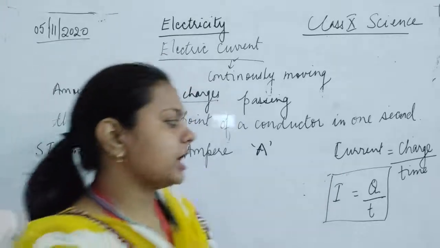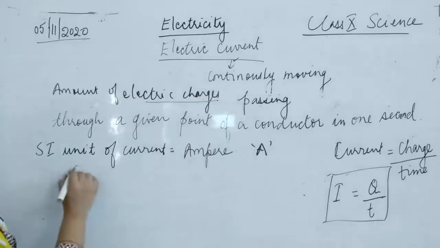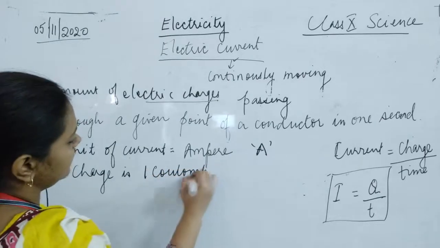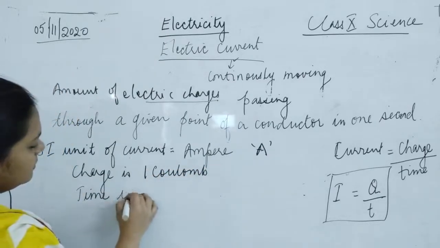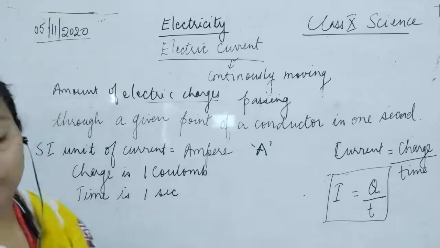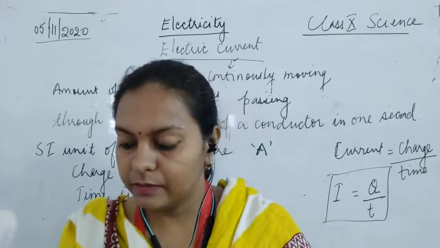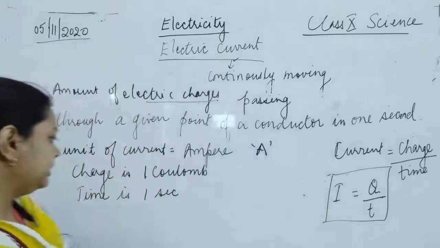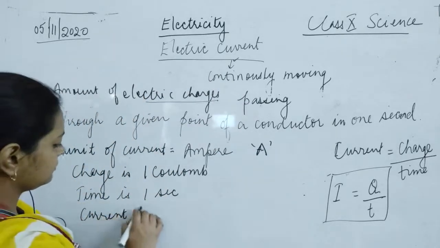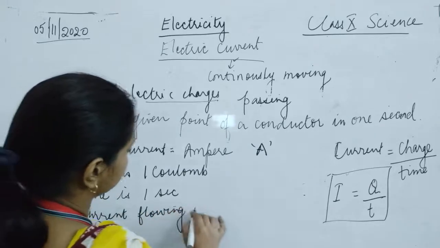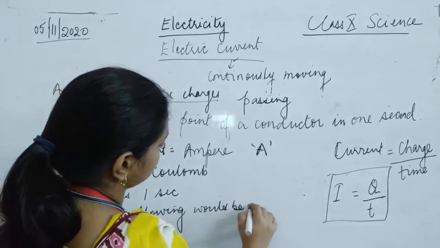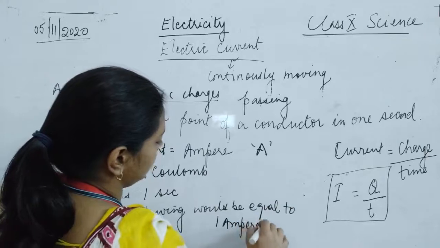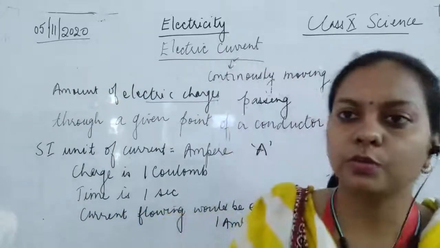Here, if charge is 1 coulomb and time is 1 second, then the current flowing would be equal to 1 ampere.